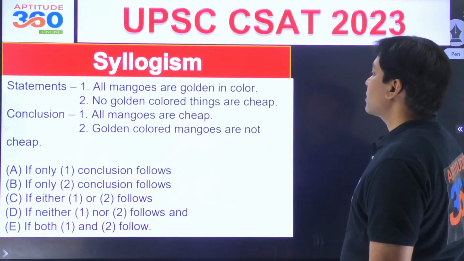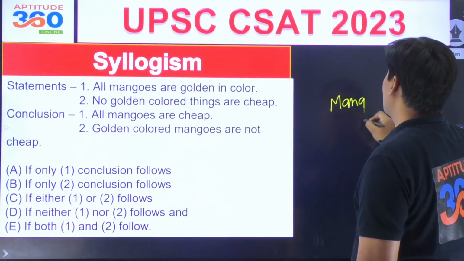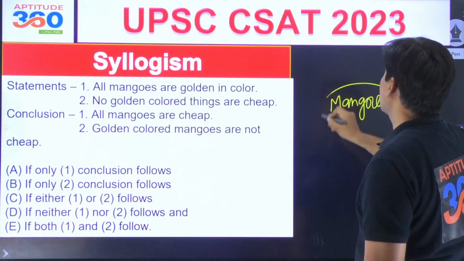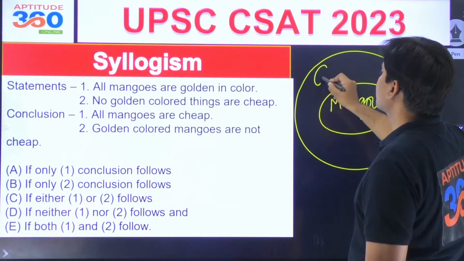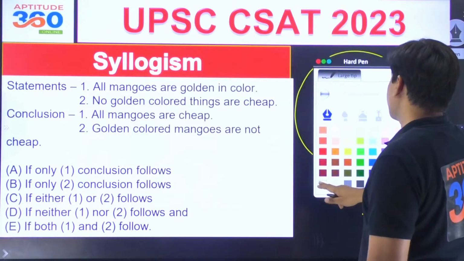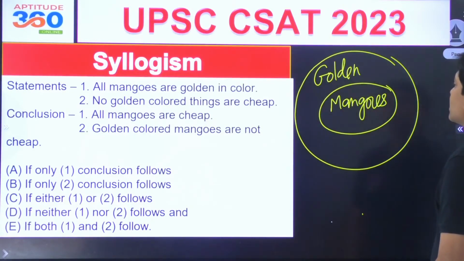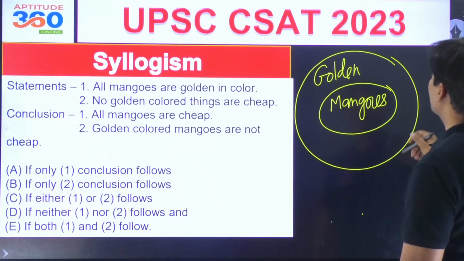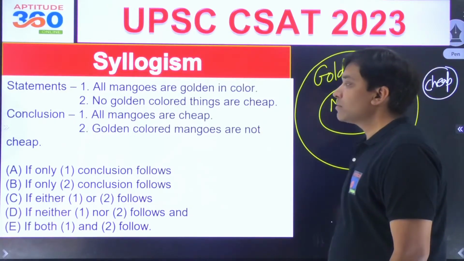All the mangoes are golden in color. No golden colored thing is cheap. So anything golden, that is cheap, has no overlapping with golden color.